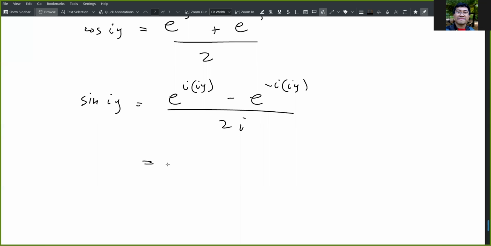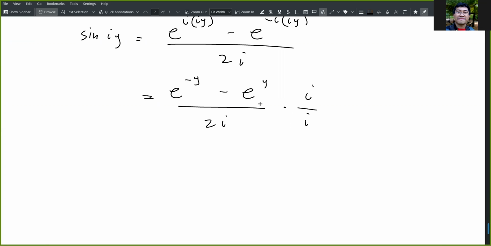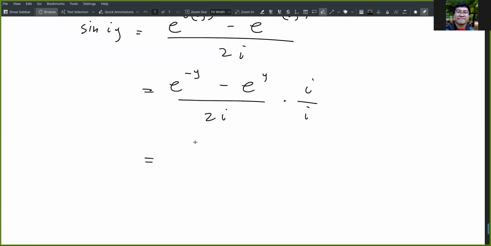That would be e^(-y) minus e^(y) over 2i. If we multiply the numerator and the denominator by i, you can get rid of the i in the denominator.